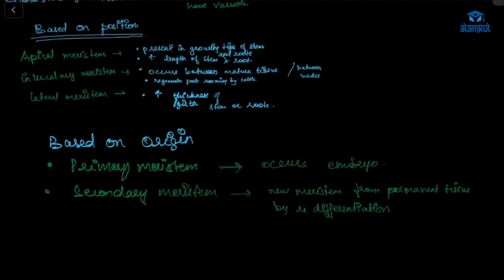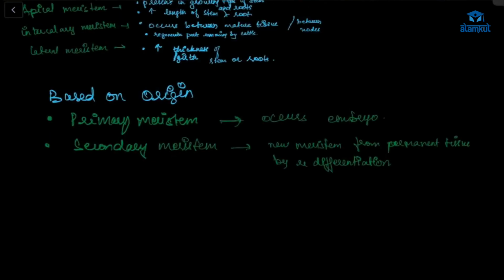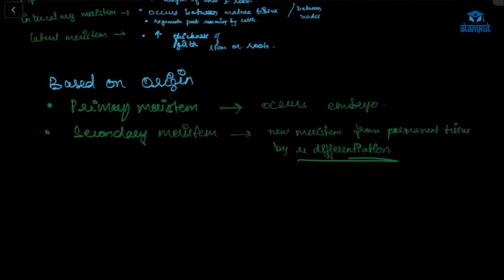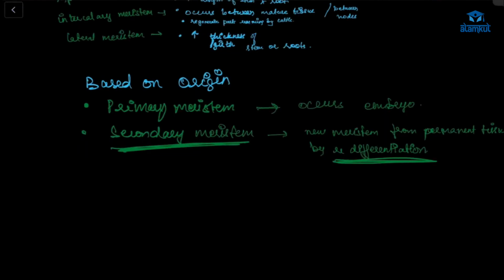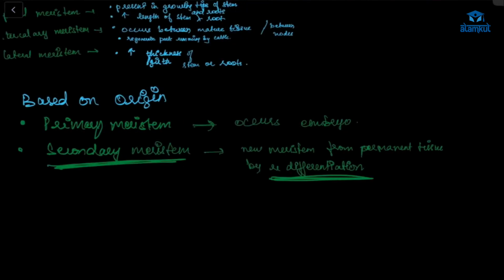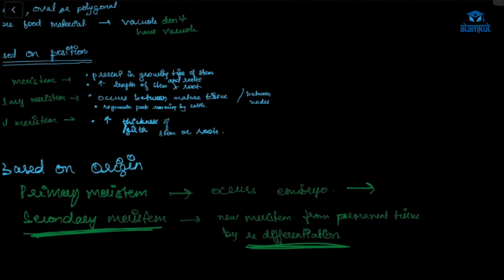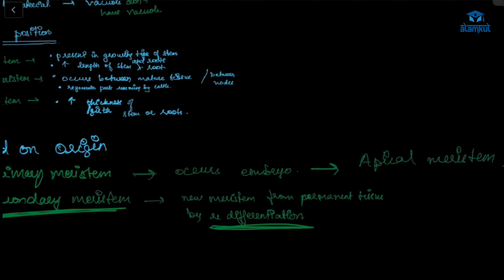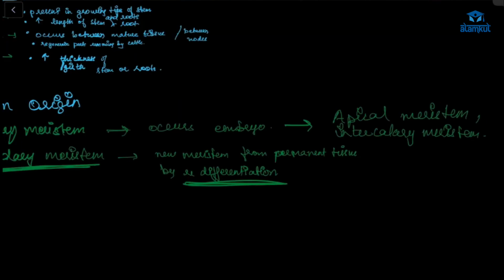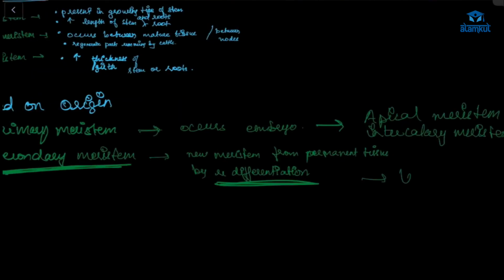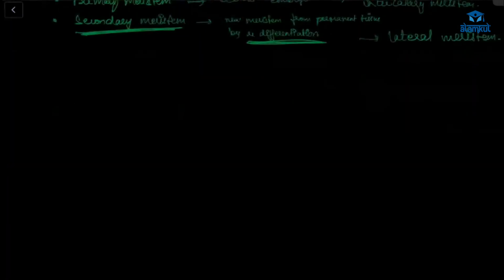And after that, if they need to differentiate again, that is called redifferentiation. So those types of meristem are called secondary meristem: new meristem from permanent tissue by redifferentiation. The primary meristem examples are apical meristem and intercalary meristem, and for secondary, lateral meristem. Okay, understood?